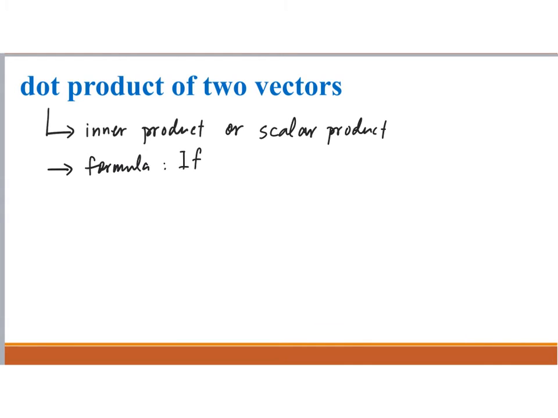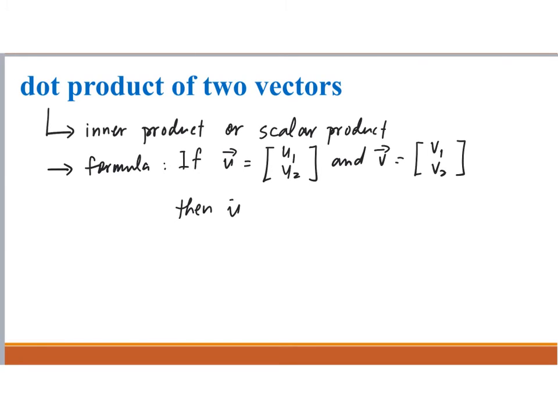Let's say if one is u, and the components of u are, let's say, u sub 1 and u sub 2, and the other vector is v, and the components of vector v are v sub 1 and v sub 2, then the dot product u dot v will be the product of the horizontal components, so u sub 1 times v sub 1, plus the product of the vertical components, so u sub 2 times v sub 2.